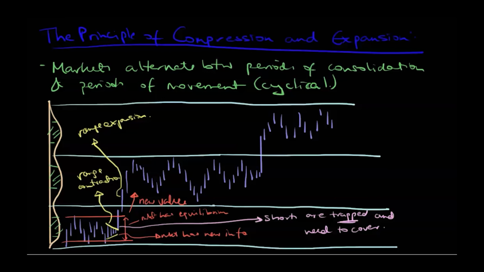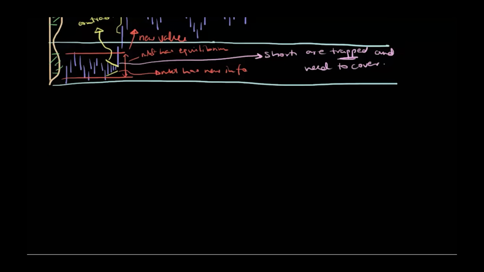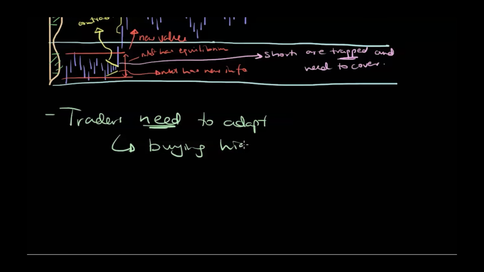Now, in these kind of case scenarios, what I want to make clear is that traders need to adapt and be ready to go from a scenario where they're selling strength and buying weakness to buying strength and selling weakness, i.e., they have to go to buying highs and selling higher, as opposed to buying low and selling higher.